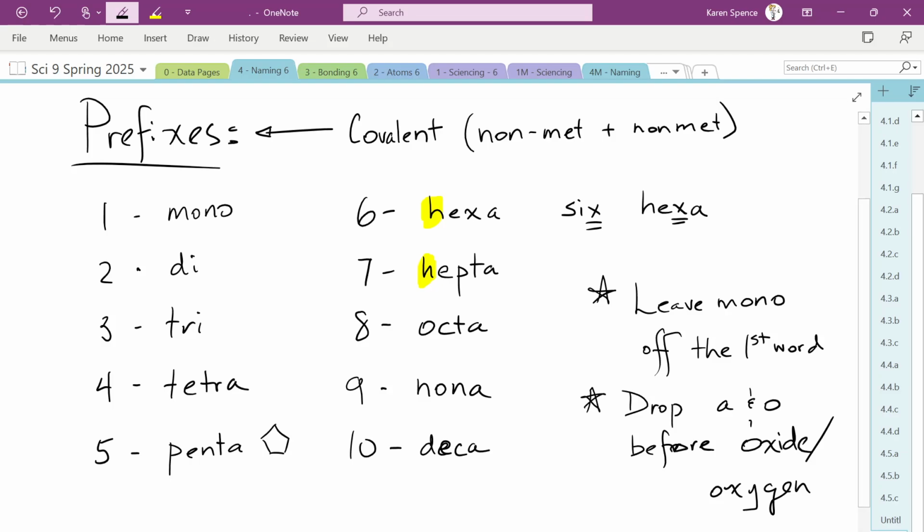So like I said, unless you're getting caught up, quiz 2 needs prefixes. And quiz 3, some have prefixes and some don't, because some are ionic and some are covalent.